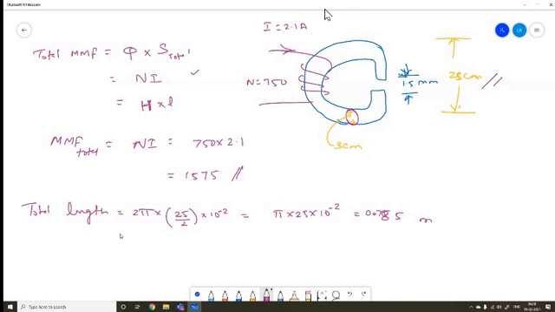And if you want to find the length of the steel portion separately, you will have to subtract this 1.5 mm from this total length. So the length of steel, let me call it LS, is equal to LT minus L air. So 0.785 minus 1.5 into 10 to the power minus 3, you will get around 0.783 meters.